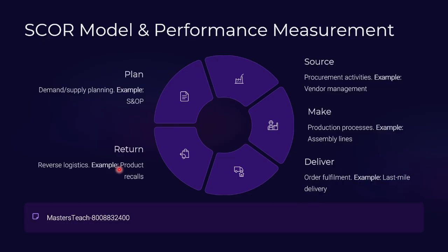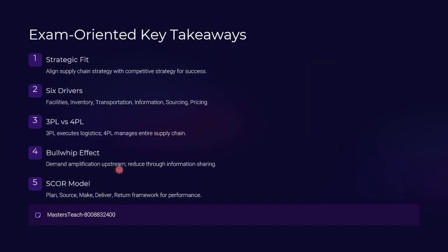So this is about the SCOR, the supply chain operation reference model. So you have to remember about the strategic fit. Then six drivers, that is facilities, inventory, transport, information, and sourcing, pricing. 3PL, third party logistics, and fourth party logistics.